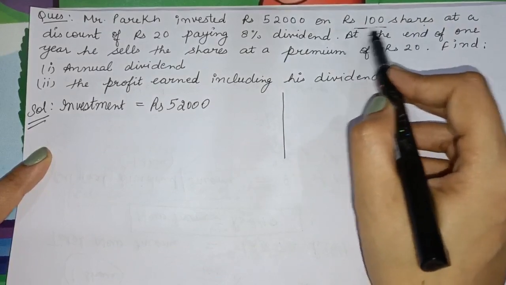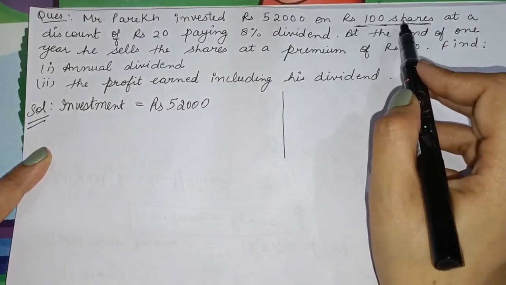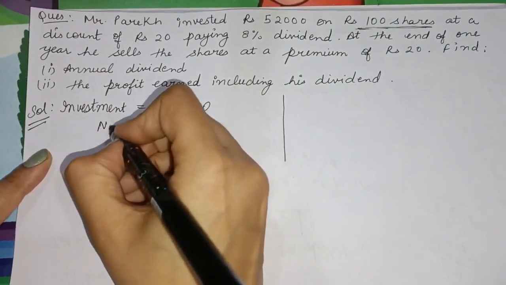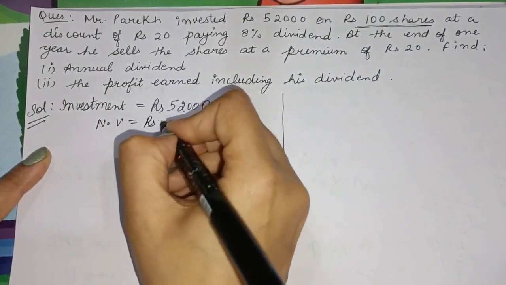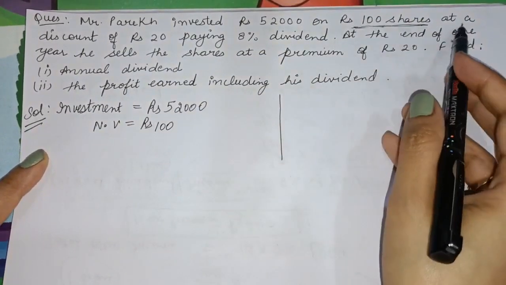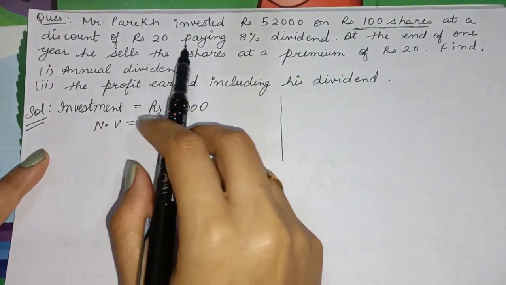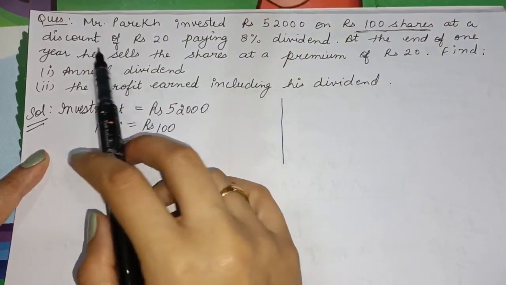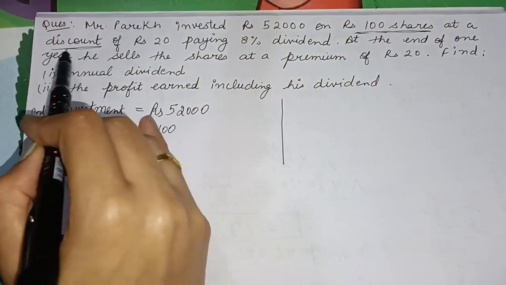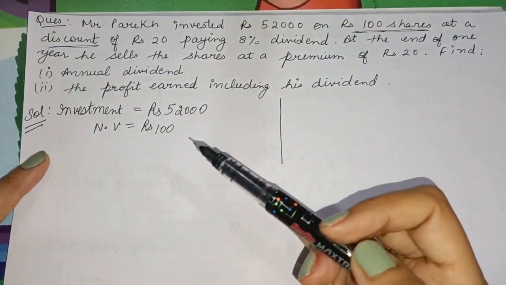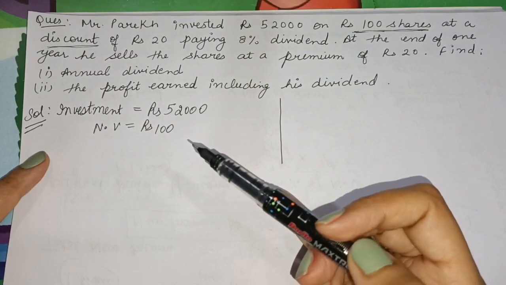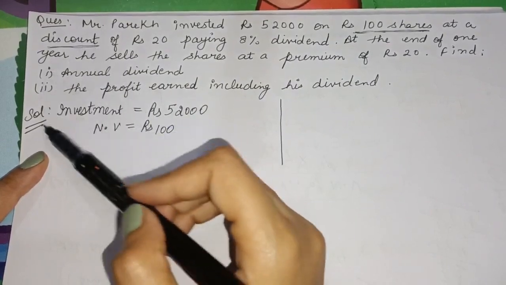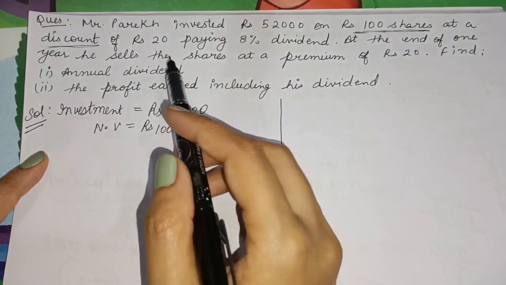So that means NV is given to us with the price which is written next to shares, that is always NV. So NV is equal to rupees 100 at a discount of rupees 20, paying 8% dividend. See, this word discount is there, and I already explained this word when we were discussing the terminologies. So at a discount means this is below par. So MV is less than NV.